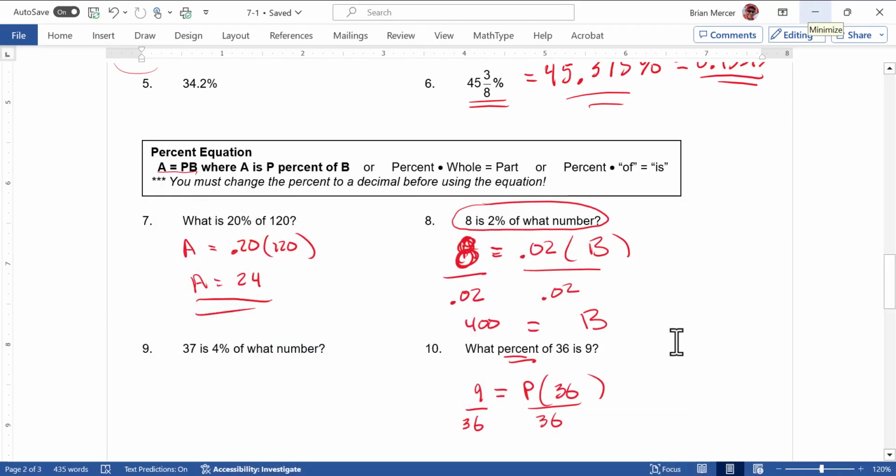So that's 0.25. So that means the P is 0.25, but again, that's the decimal form. So what percent? We can now convert that decimal to a percent. So it's 25%. So to convert a decimal to a percent, don't forget we multiply by 100 or move the decimal point 2 places to the right.